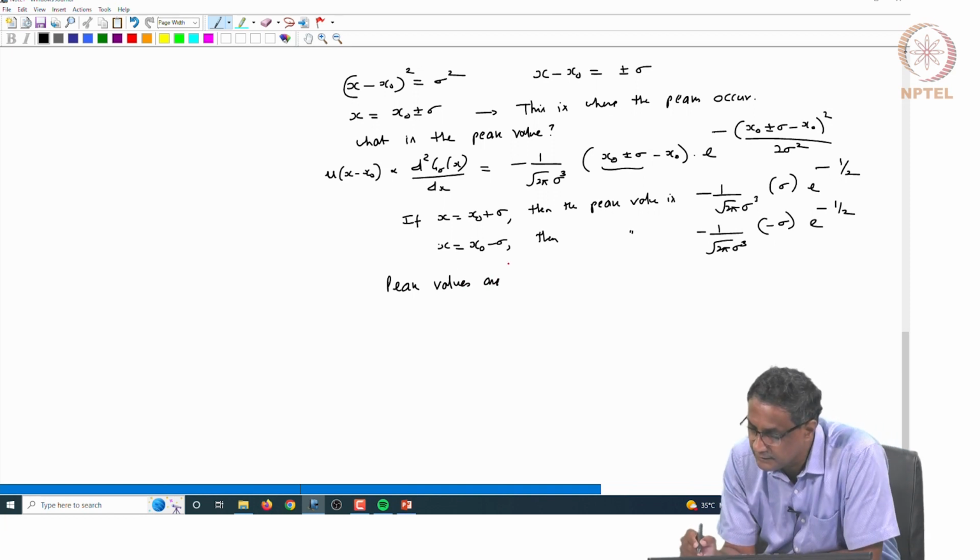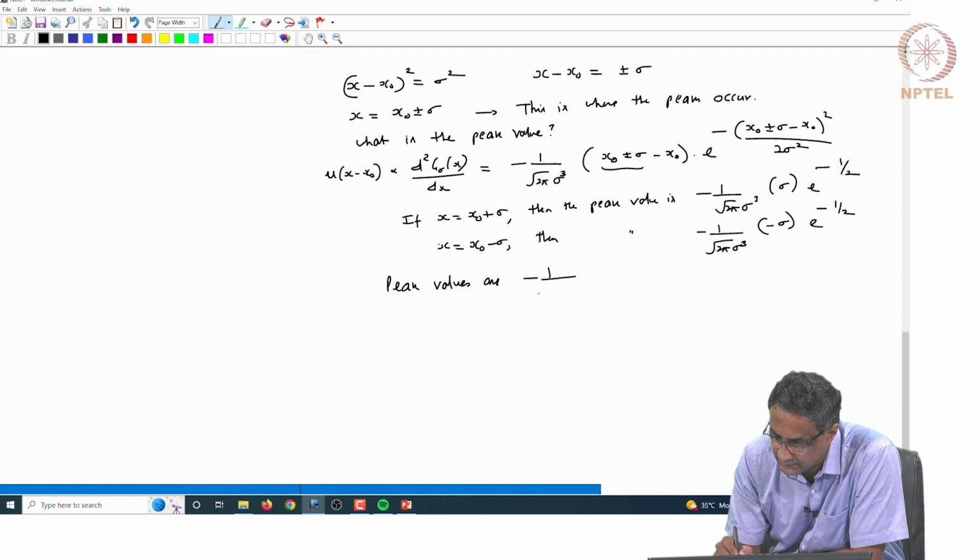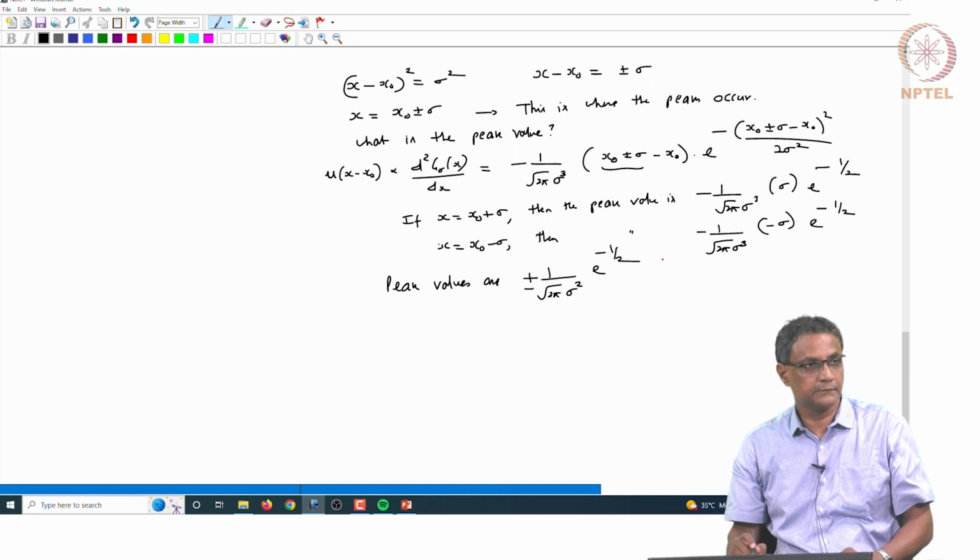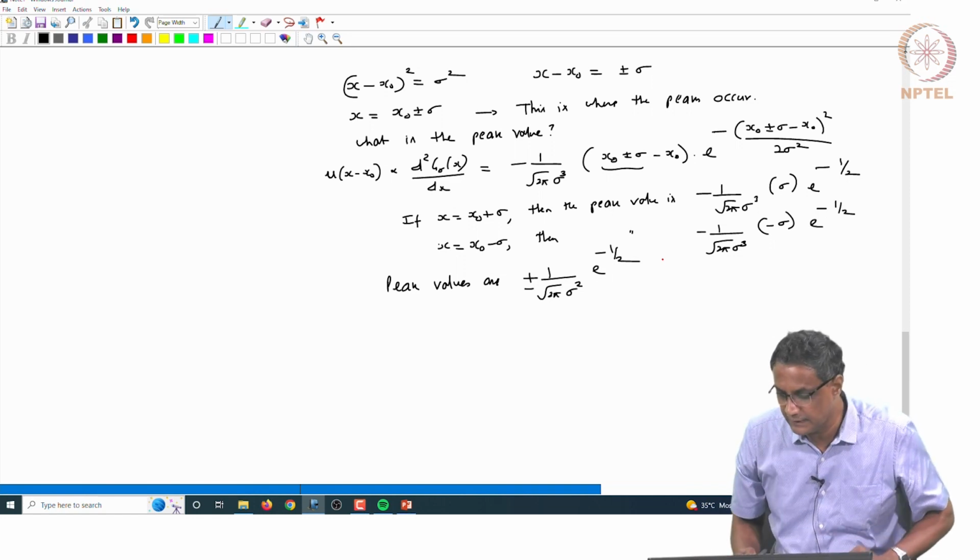Okay, now one sigma will cancel out, right? So we will have minus 1 by root 2 pi sigma square. So can we write plus or minus e raised to power minus half, right?